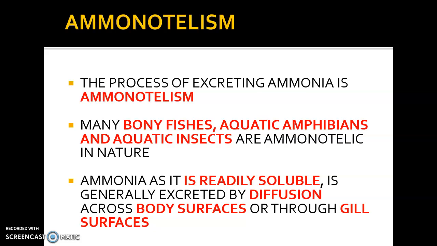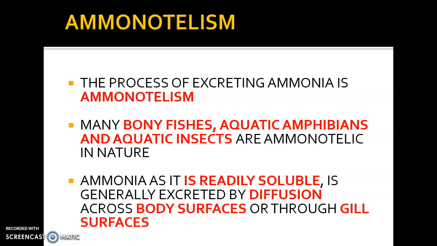Ammonotelism is the process by which ammonotelic animals excrete ammonia. Those animals which produce ammonia as a waste product are called ammonotelic, and the process is known as ammonotelism.